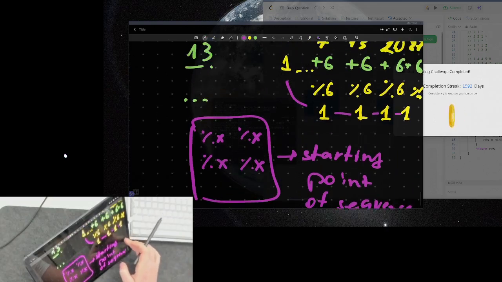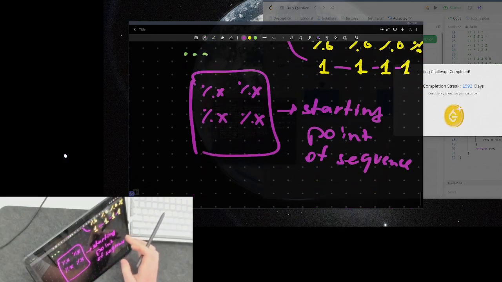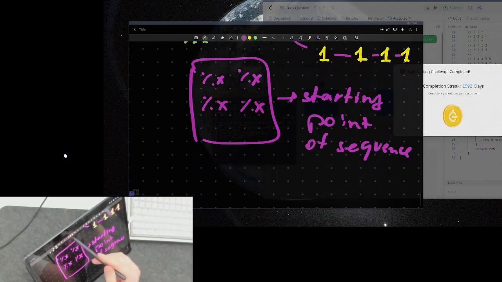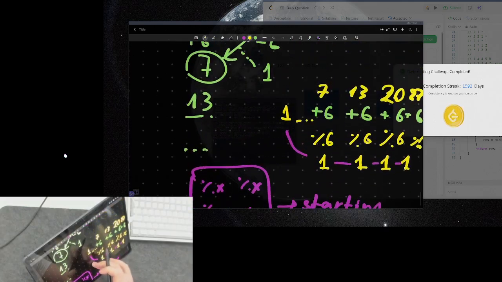Now, having the starting point of the sequence is a good start for our reasoning, but it's not yet the final solution. So imagine we have this list of numbers 1, 7, 13, 20, 27.